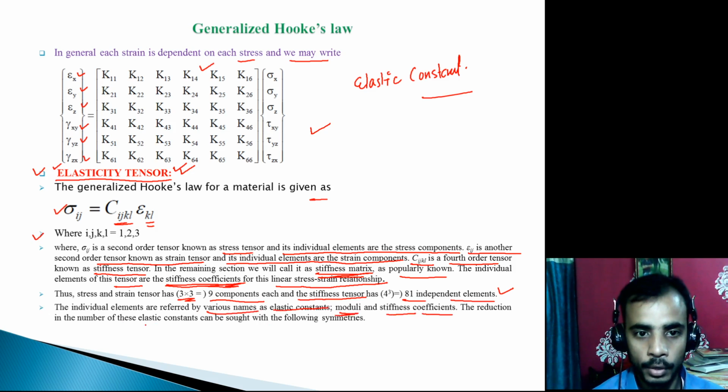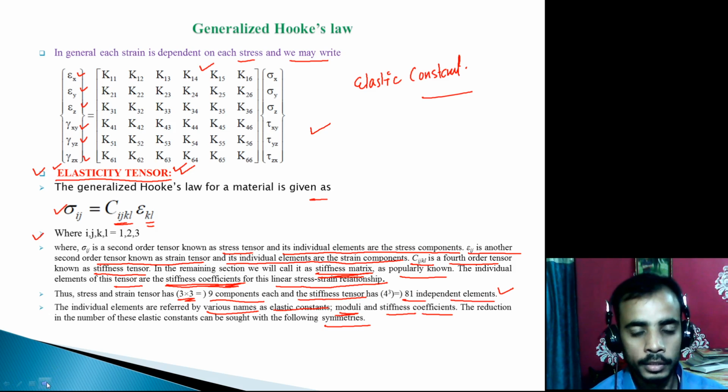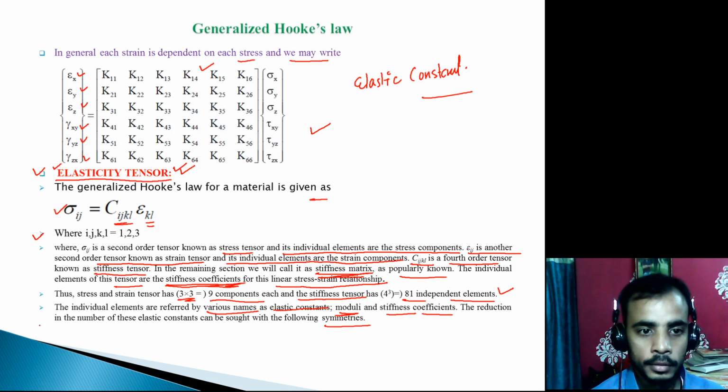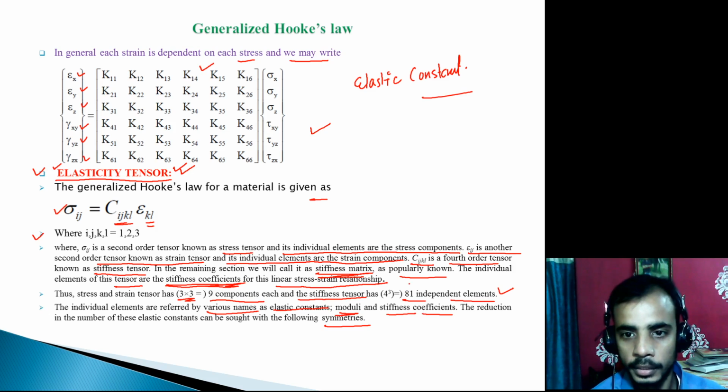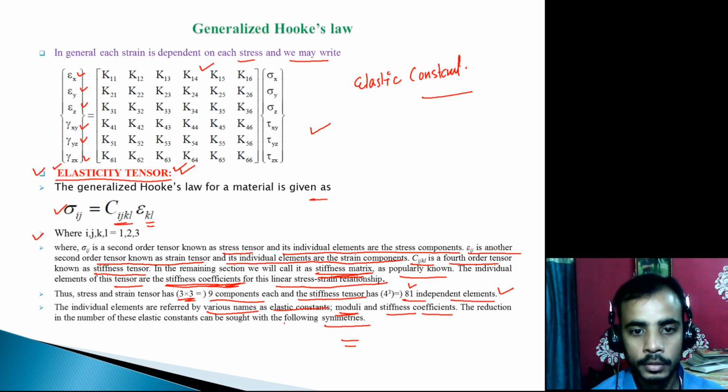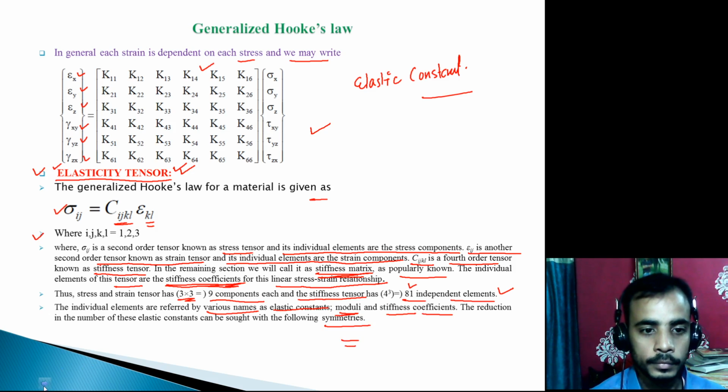The reduction in the number of these elastic constants can be sought with the following symmetries. Okay, so in the next lecture we will see how these 81 independent elements or elastic constants can be reduced for material symmetry. For different materials it will be different. Okay, thank you.